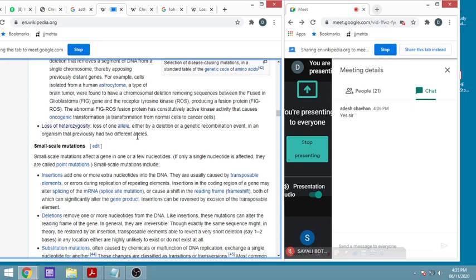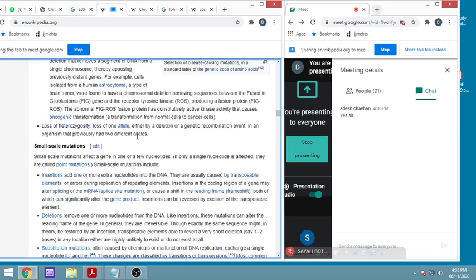But you can imagine if one nucleotide is changed, it can change the whole sequence of the DNA. They are usually caused by transposable elements or errors during replication of repeating elements. Insertion in the coding region of the gene may alter splicing of the RNA. So some of these are known as splice variants.